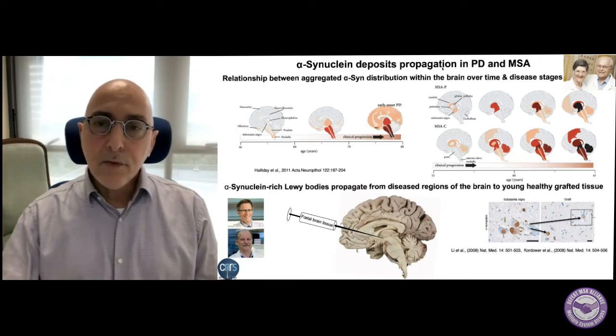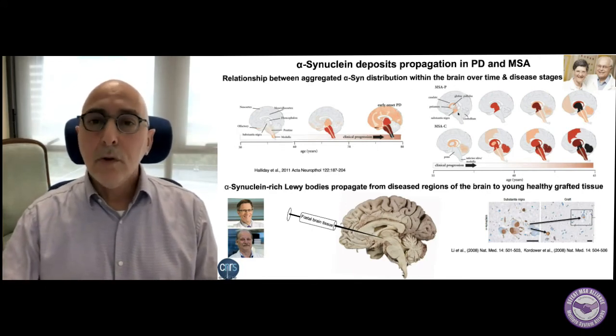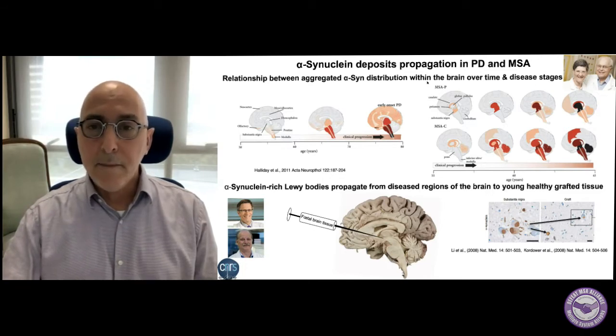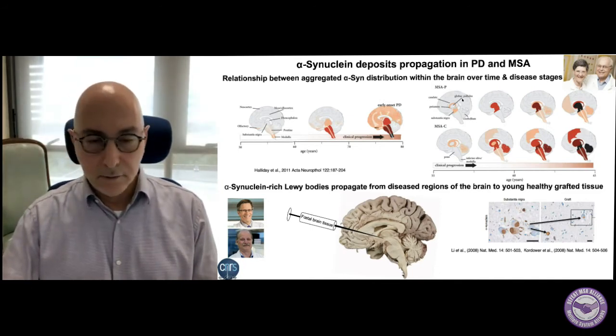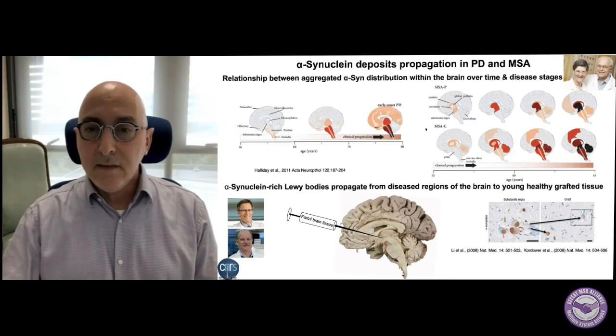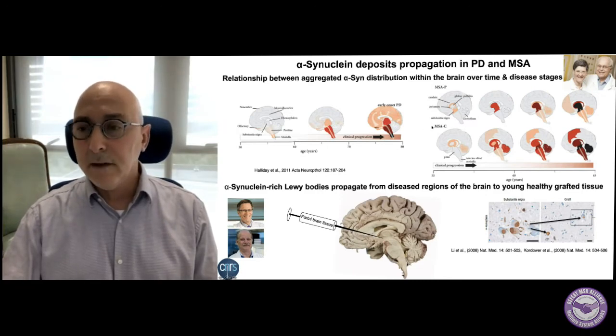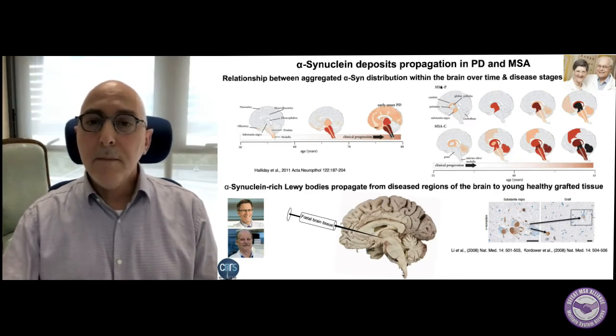In multiple system atrophy, as you all know, we have two forms of the disease. A form that we call MSA-P, for MSA with Parkinsonian-like phenotype, and MSA-C, which is a form that affects the cerebellum. In MSA-P, the first regions that are affected by pathology are the putamen and the substantia nigra.